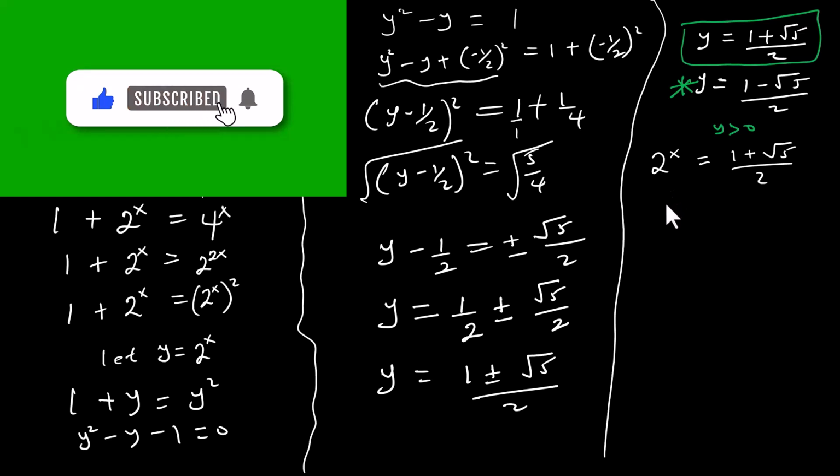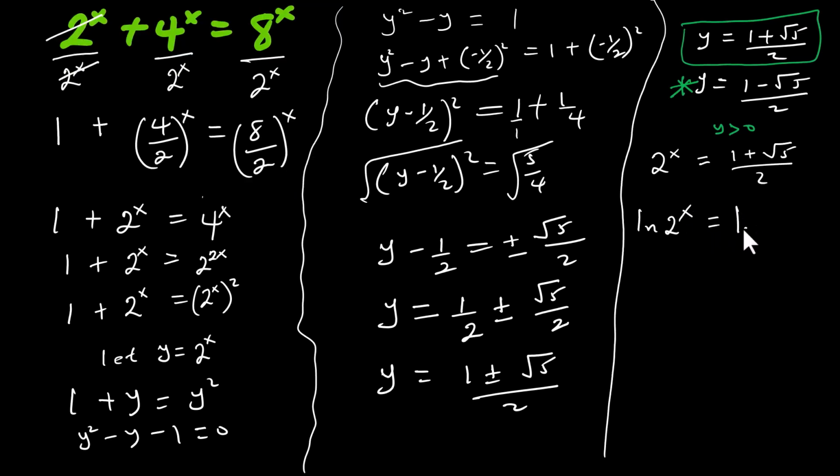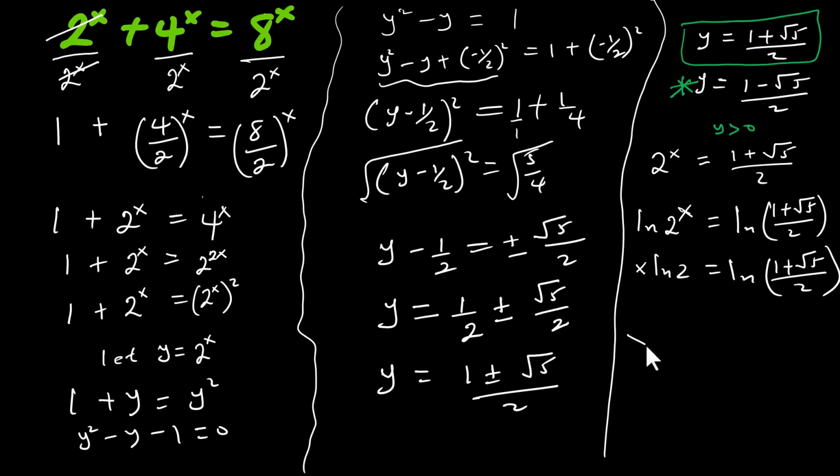So for x, we have y as 1 plus root 5 on 2. Let's take log on both sides: natural log of 2 raised to x equals natural log of 1 plus root 5 on 2.